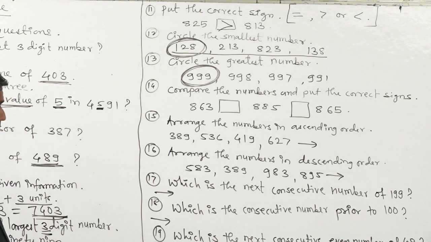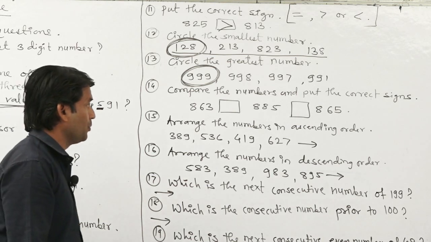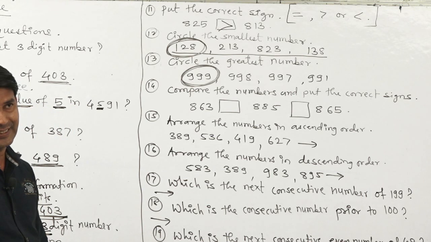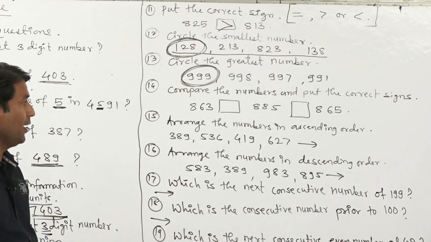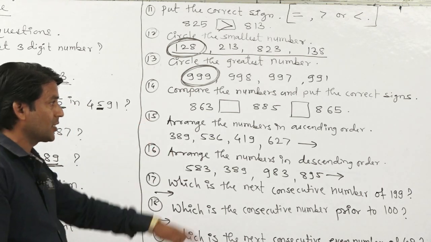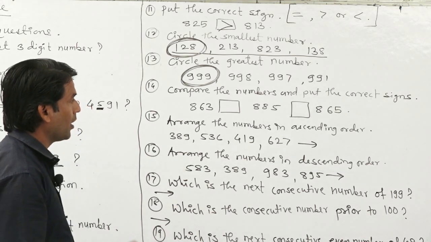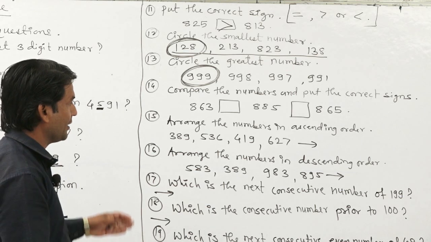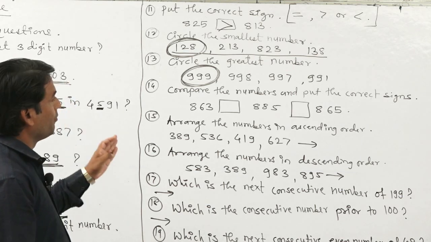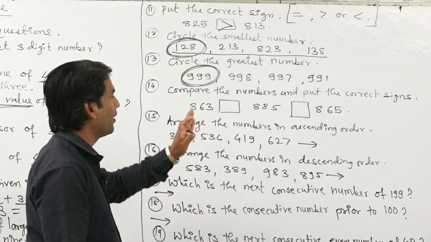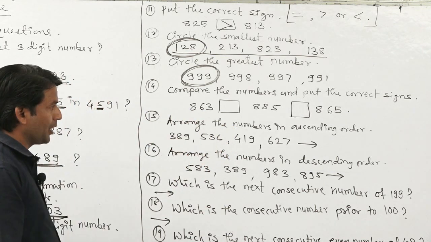After that, question number 14 is for you. Compare the numbers and put the correct signs in the boxes. We have to compare these numbers. 3 numbers are there and 2 boxes are there, so we have to put the correct sign. Which number is greater or smaller, we have to compare and put the correct sign in the given boxes.